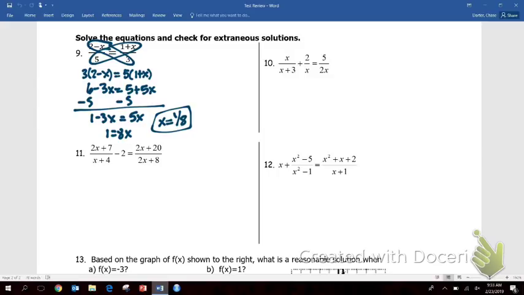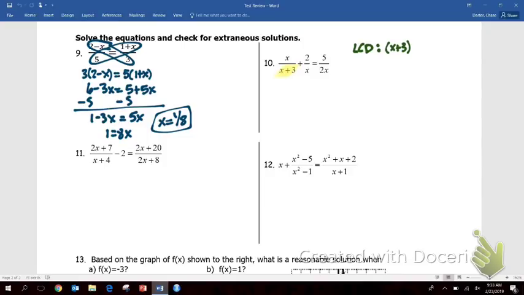Your LCD is whatever you need to multiply by to completely get rid of all fractions. So, in the first fraction, I need to cancel out x plus 3. So, I know x plus 3 is a part of my LCD.